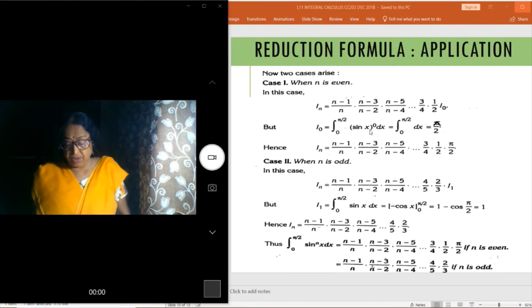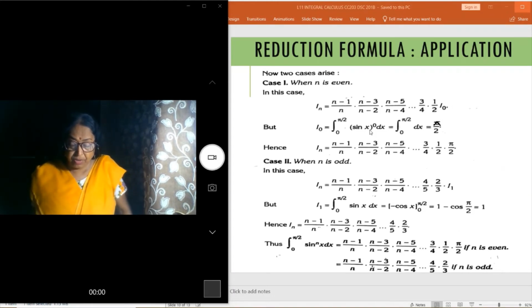I0 means n is equal to 0. So the integration over 0 to pi by 2 of sine x to the power 0 dx, sine x to the power 0 is equal to 1. So the integral of dx from 0 to pi by 2 gives pi by 2.